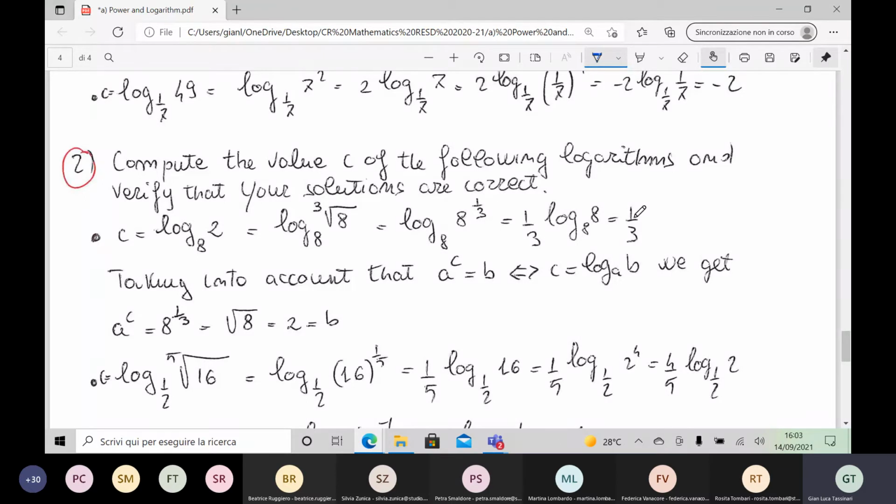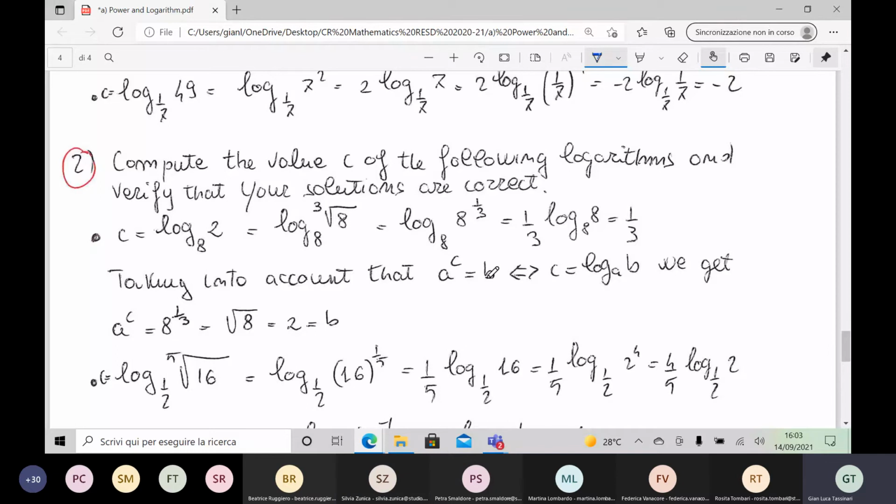Is the result correct? Well, taking into account that saying that C is the logarithm with basis A of B, as we wrote here, is equivalent to saying that C is the exponent we have to give to the basis A to get B, we verify.